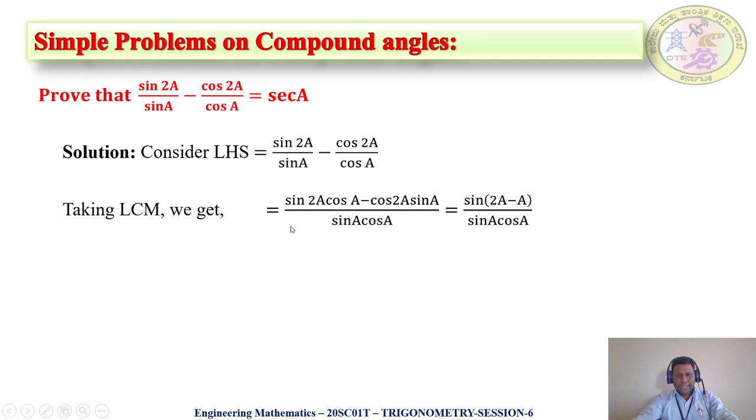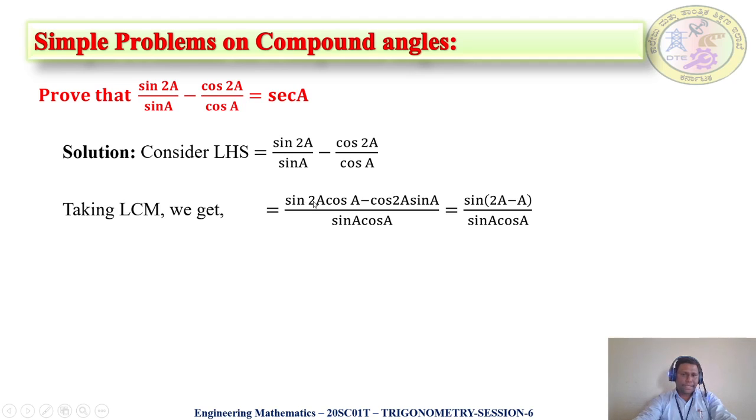So we got sin 2A into cos A minus cos 2A into sin A whole divided by sin A into cos A. You can observe that this is of the form sin A cos B minus cos A sin B. Here in the place of A, 2A is present, and in the place of B, A is present.